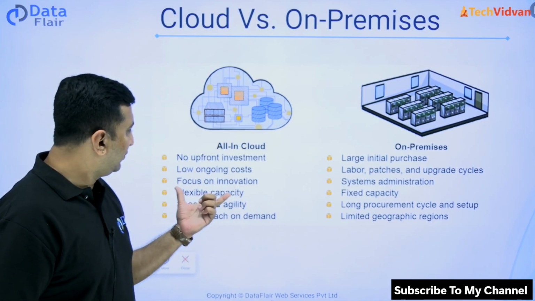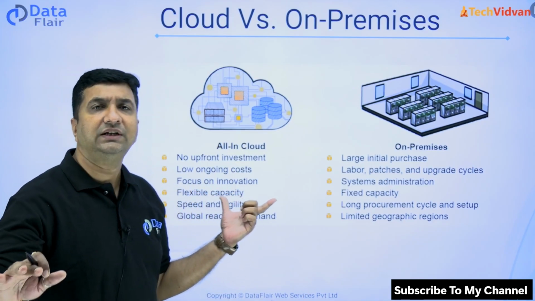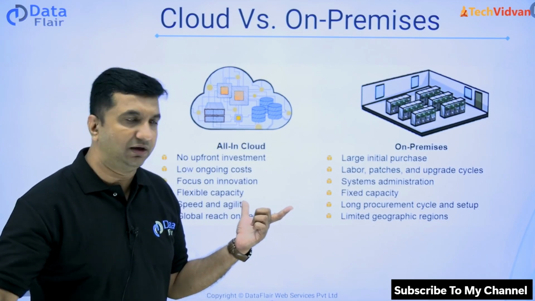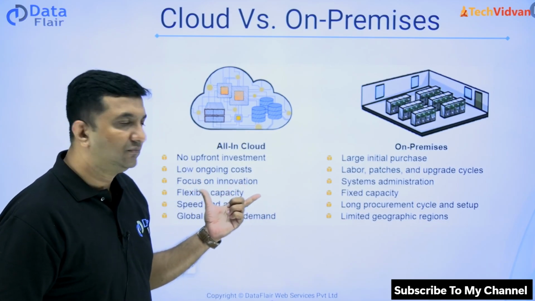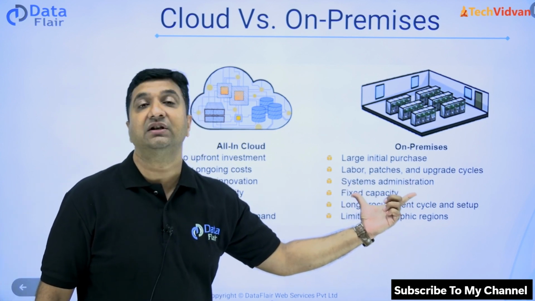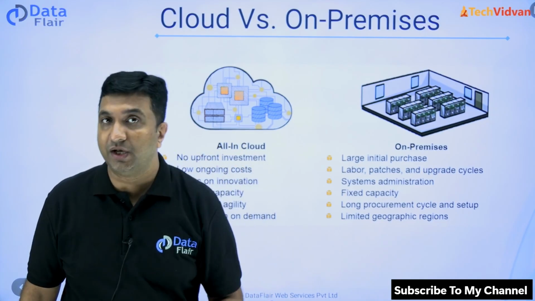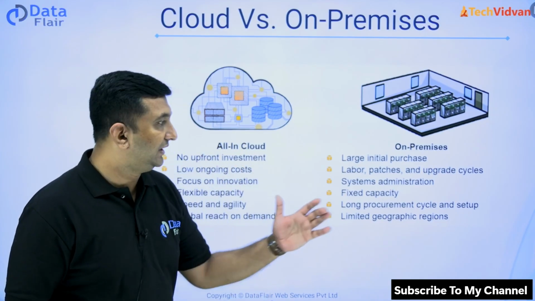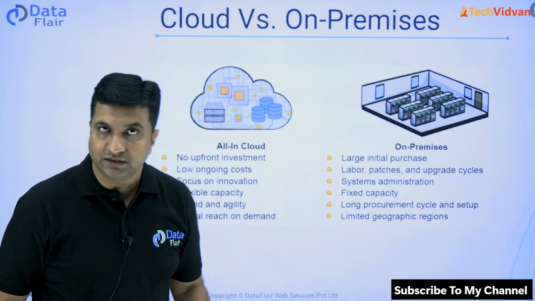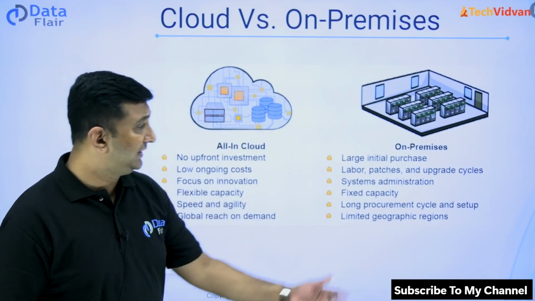Then you can just see focus on innovation. Forget about the infrastructure. The cloud service provider will handle all your needs. And then here, heavy system administration and monitoring is required in terms of monitoring the capacity, monitoring the performance, security concerns. There are a lot of issues that need to be administered.